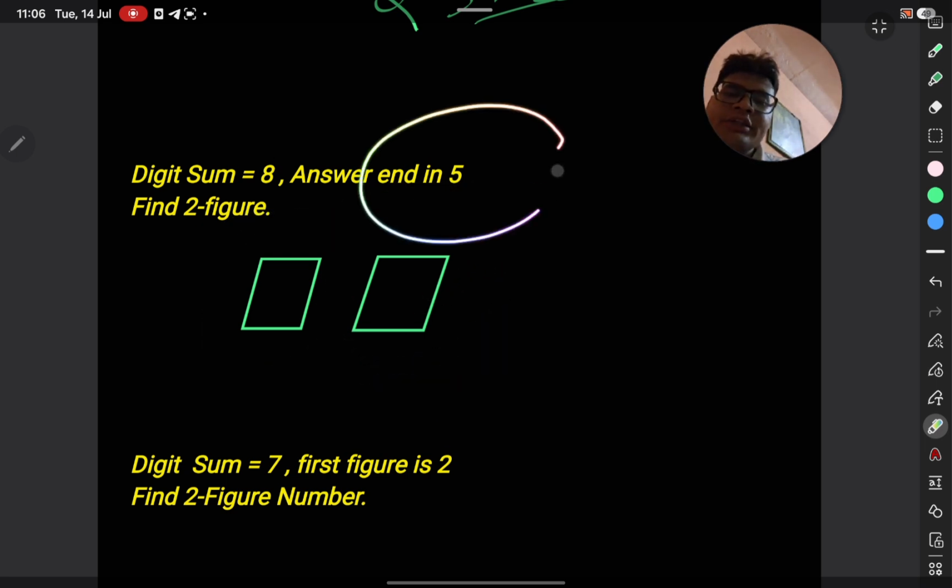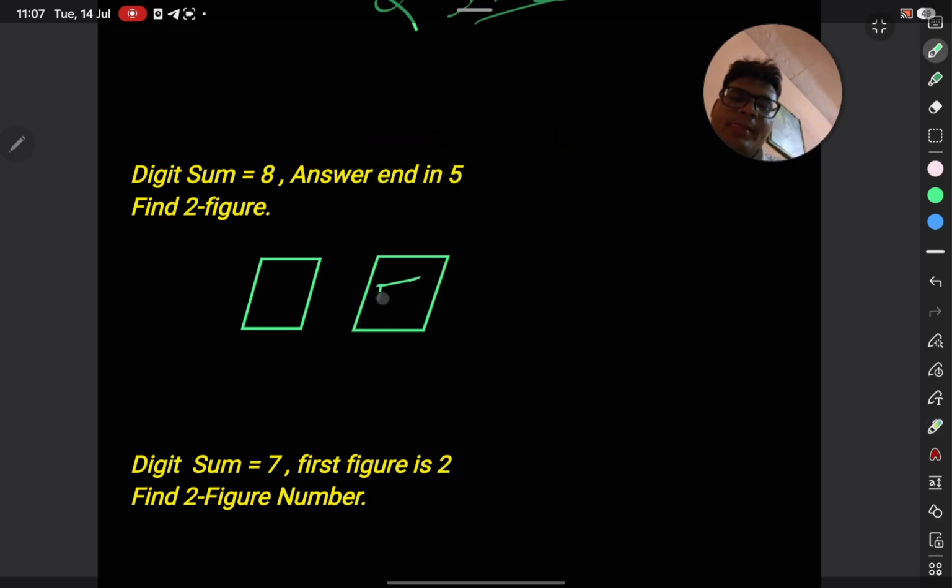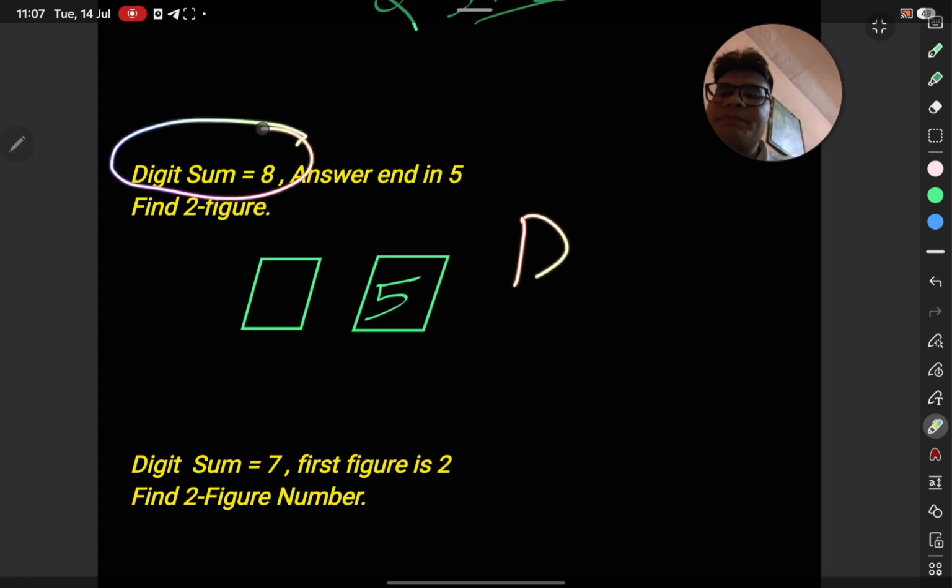In the last figure, 5 is fixed, so we have to put 5 here. Then we have to choose what will come in the first place to make the digit sum 8. So what will we add to this 5 to make the digit sum 8?